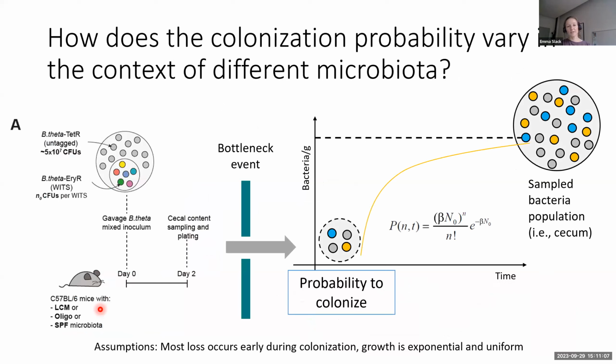So the first thing we wanted to know is how the rest of the microbiome really affects the ability of Bacteroides theta to colonize the gut. So we did some very straightforward experiments where we took mice that had either a gnotobiotic microbiota, or 2 different low complexity microbiotas, referred to as LCM, which I'm afraid just stands for low complexity microbiota, or so-called oligo-MM12 mice.